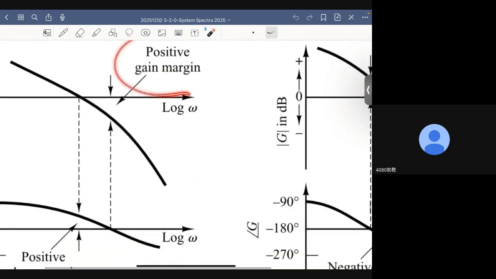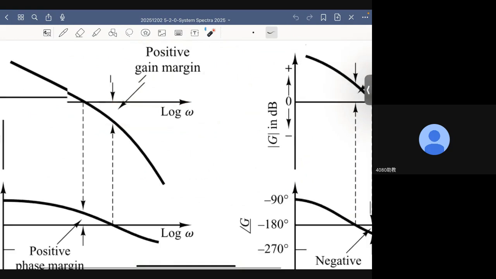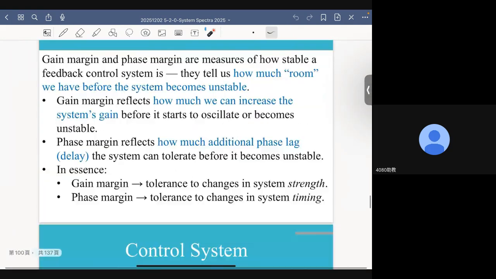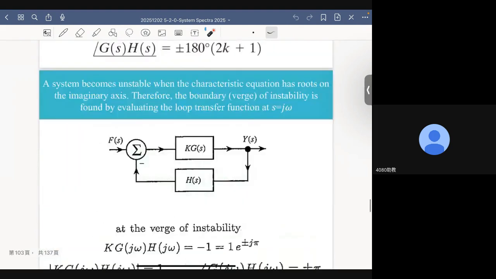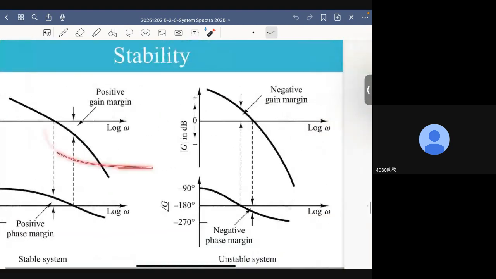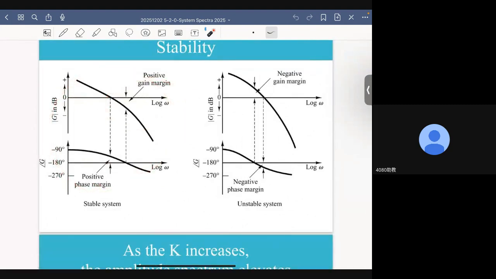However, thank God, we still have some room before I reach the boundary of instability. And this room is what we call positive gain margin. And it therefore characterizes the tolerance of the closed-loop feedback system to change in system strengths, which means that let's assume this is the Bode diagram of the loop transfer function.